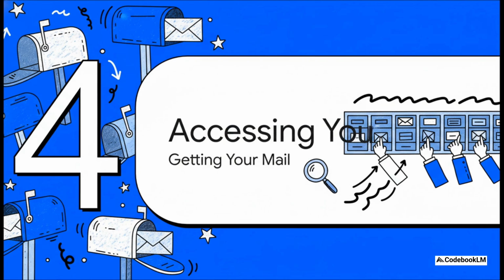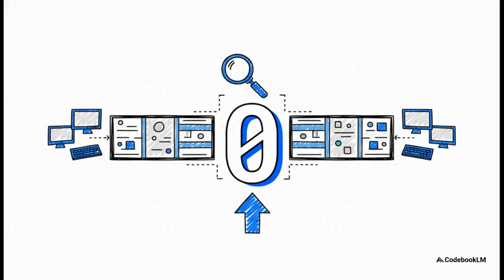Okay, so we've built our row of mailboxes, and we've put our letters inside. So how do we get our mail back out? This brings us to probably the most important part, actually accessing the data inside our array. I want you to just look at this number for a second. Seriously. When it comes to arrays in Java, and a ton of other programming languages, this is the single most important number you need to remember.